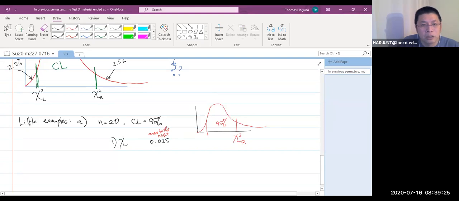So chi-squared right is inverse chi of 0.025 with 19 degrees of freedom.